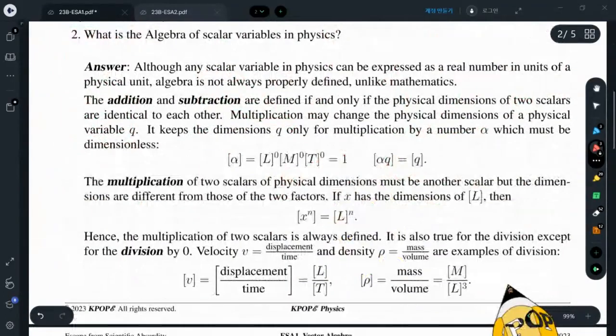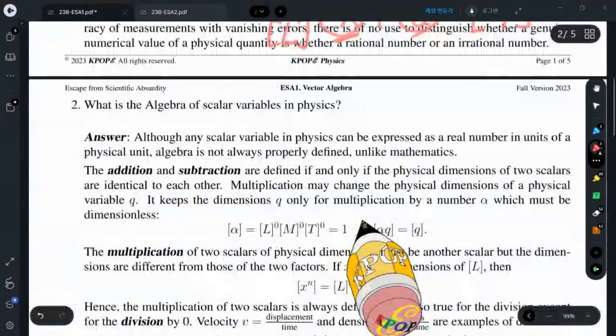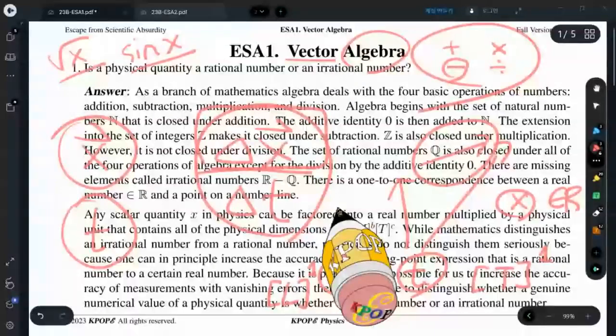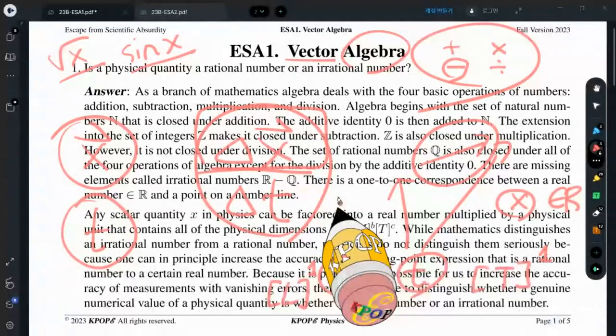Next, what is the algebra of scalar variables in physics? In physics, we have variables called physical quantities. Previously, we understood what the physical dimensions are.